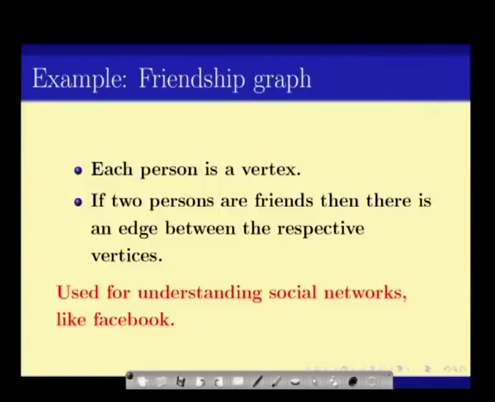And now, if two profiles are friends with each other, then we will draw an edge between them, and thus we will have a very nice description of how the whole of Facebook looks. And once we have that, we might want to use our understanding of graphs to understand how Facebook is behaving.